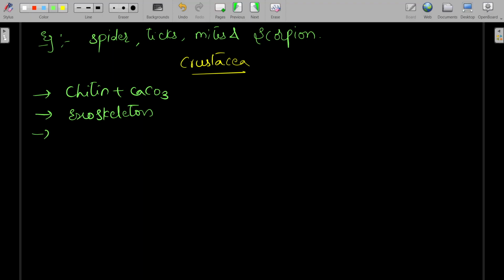And these also have biramous appendages, and these biramous appendages look like this.